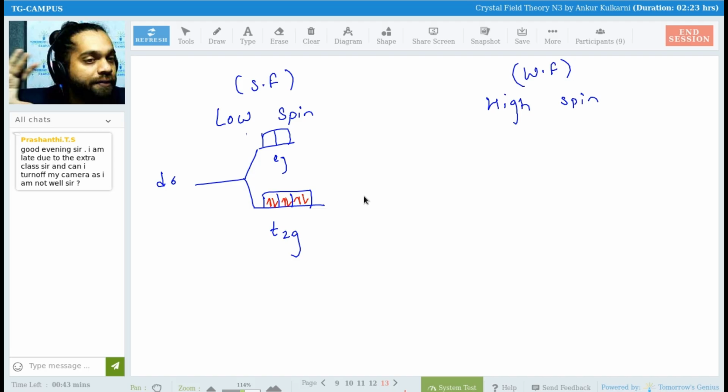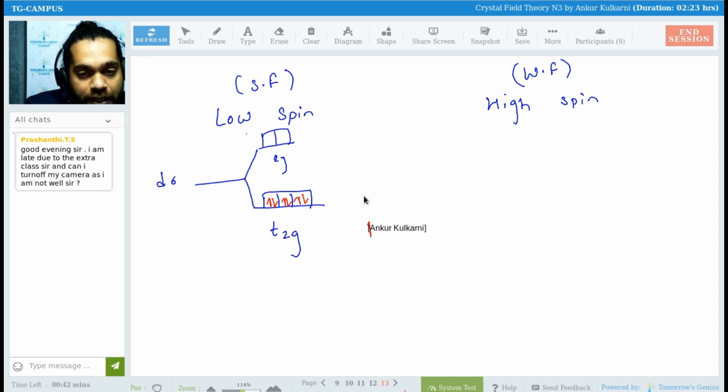That means there is no spin. I hope everyone knows that an electron is continuously spinning. It is in the plus half and minus half, and they both cancel each other, becoming 0. So there is no unpaired electron. For that we call it low spin. If there are fewer unpaired electrons, it is low spin.